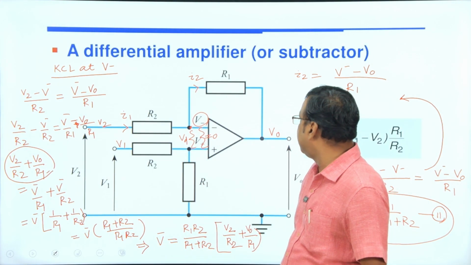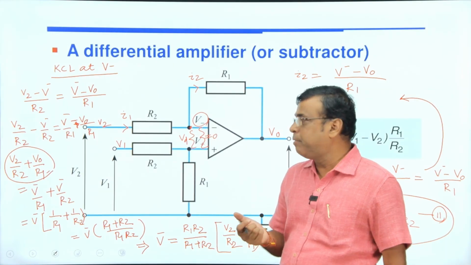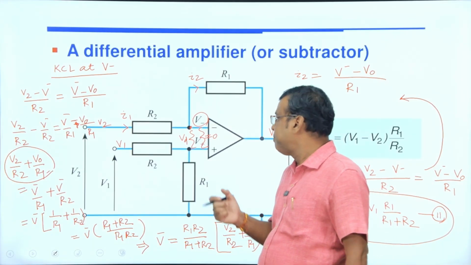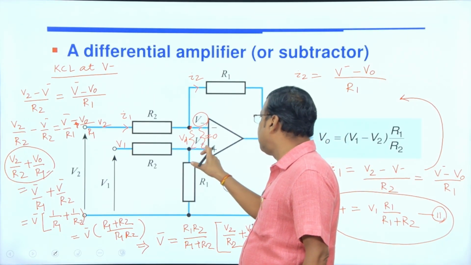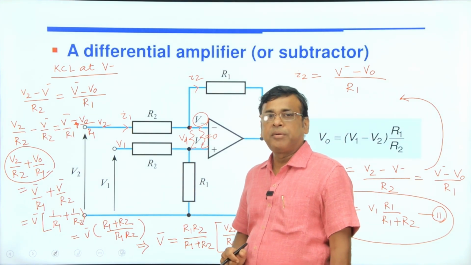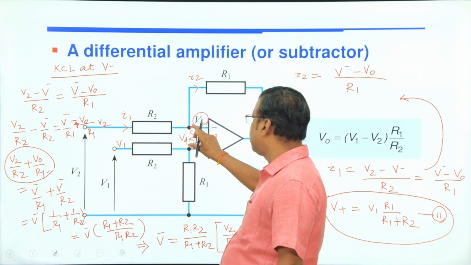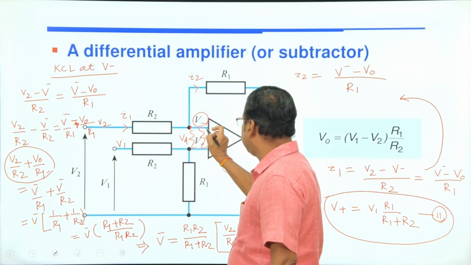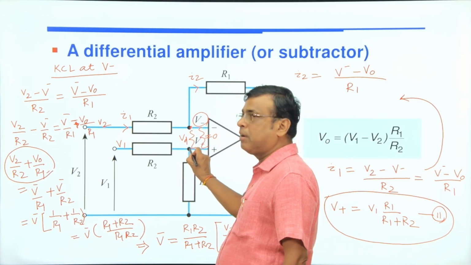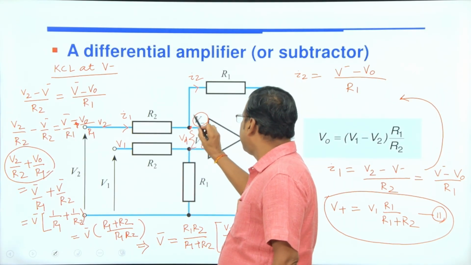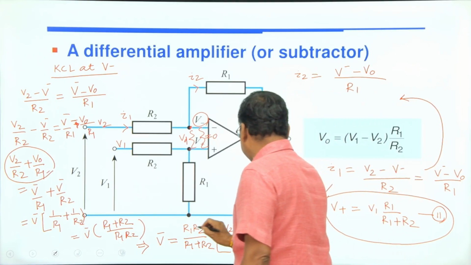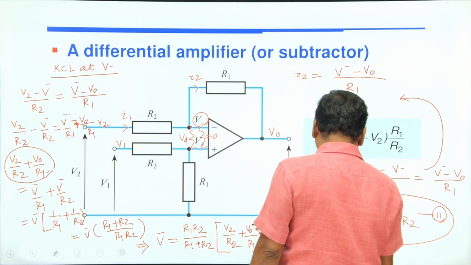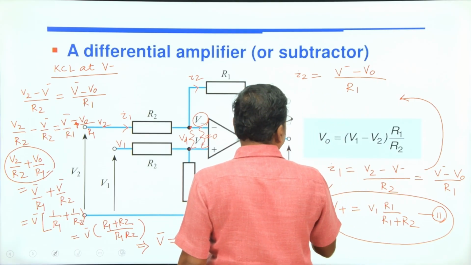The gain is theoretically infinity, so V0 by this must be infinity, which implies Vd equals 0 due to the virtual ground concept. That means this potential must be equal to this potential, so V minus must be equal to V plus. V plus and V minus you already know. From this, V plus equals V minus.